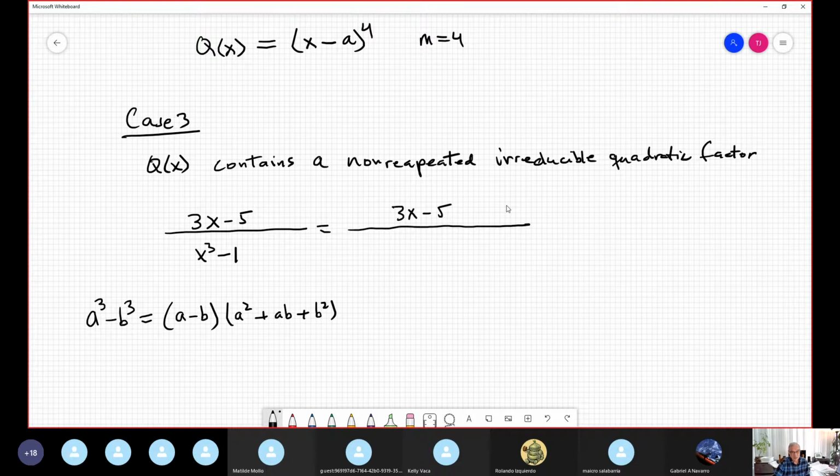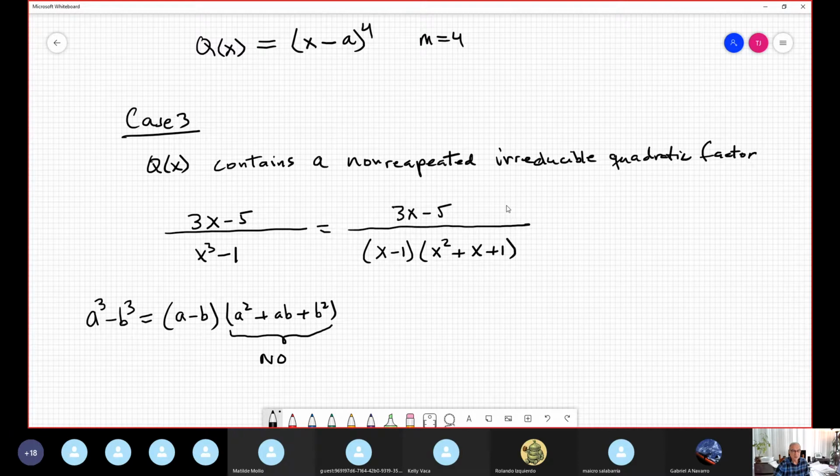The student never asks me, professor, is it possible to factor this trinomial? The answer is no, because this is a complex factor, and in the real field it's impossible. In our specific example, this is x minus 1, and this is x squared plus x plus 1.